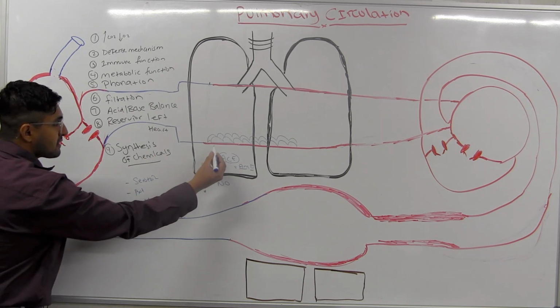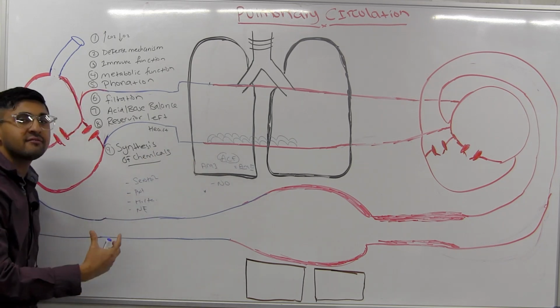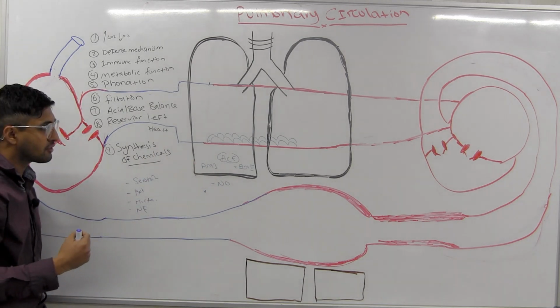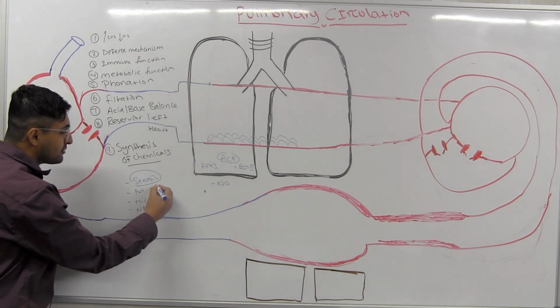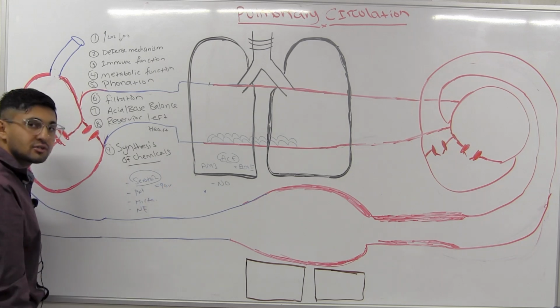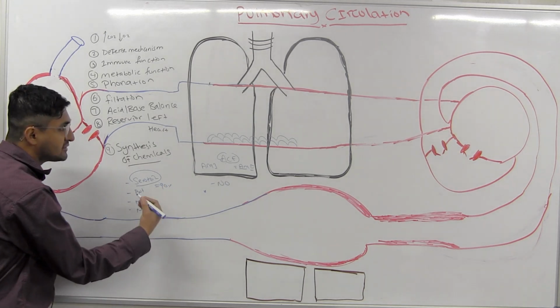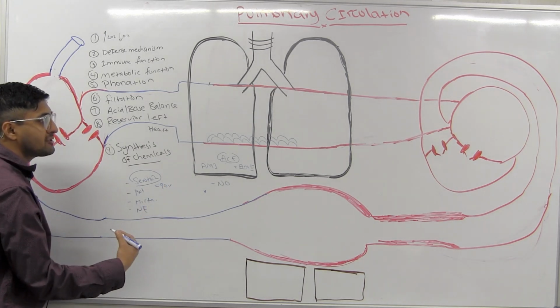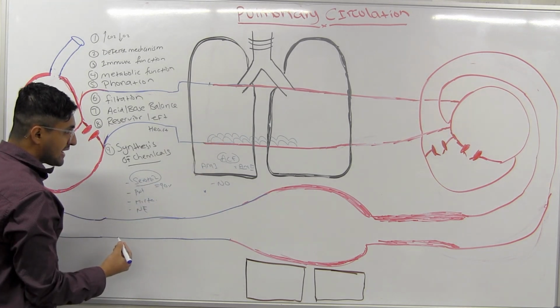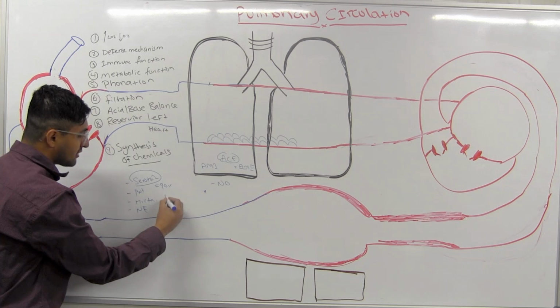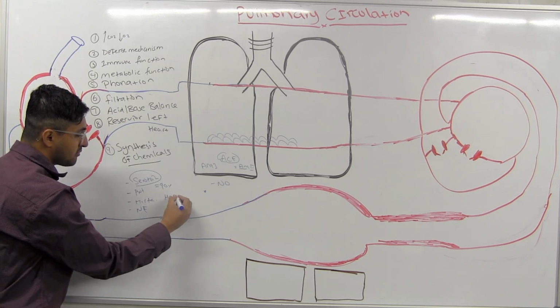But the pulmonary endothelium is known for extracting serotonin especially, removing 90% of the serotonin. What else? They also produce the heparin molecule.